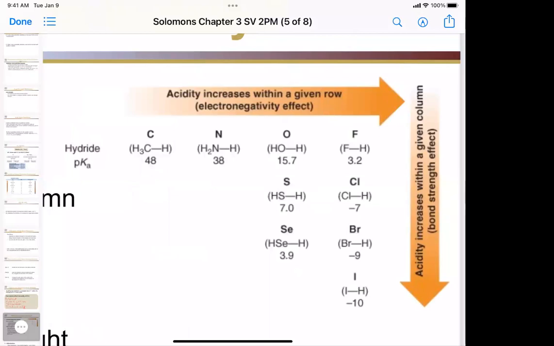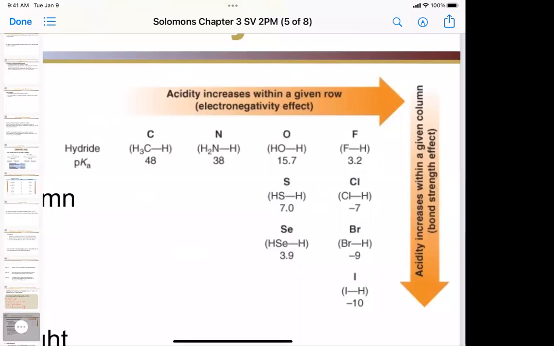Let me do the first one first, which is along a row. In row 2, we have carbon, nitrogen, oxygen, fluorine. Which is most electronegative? Fluorine. So the first trend is that acidity goes with electronegativity as you go across a row.